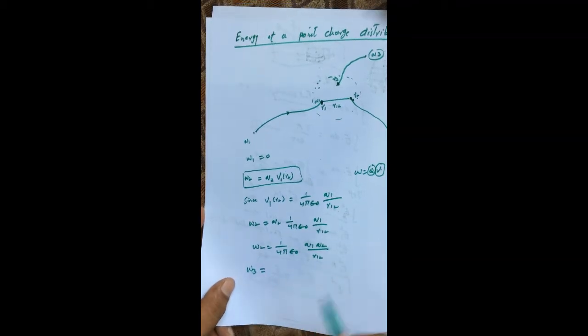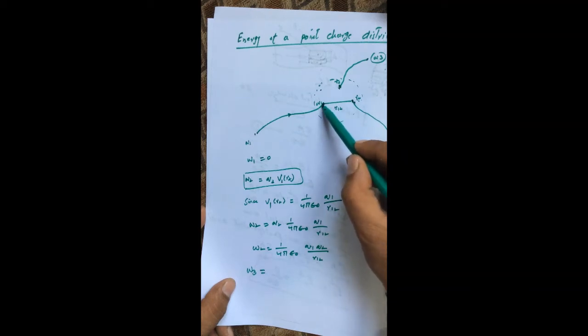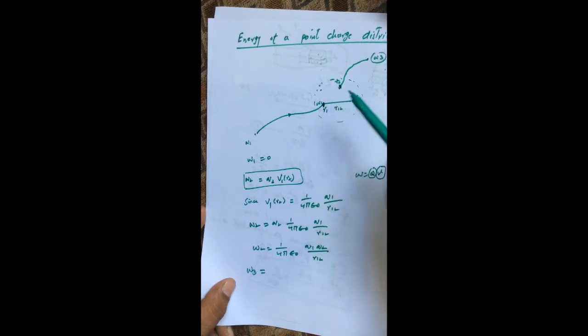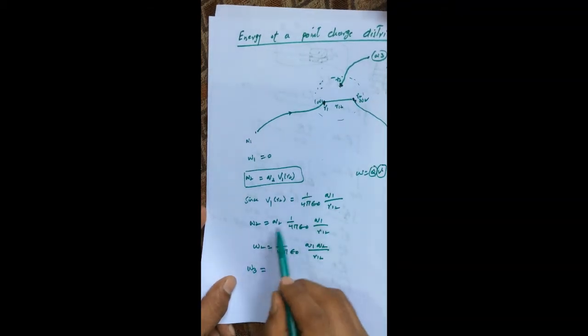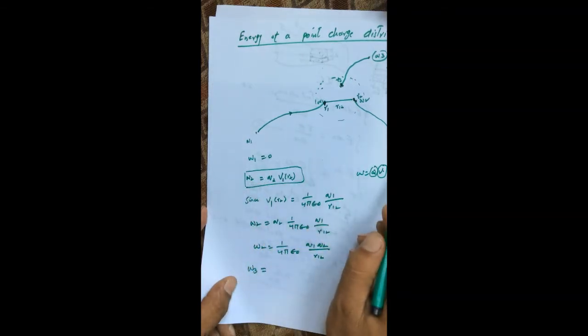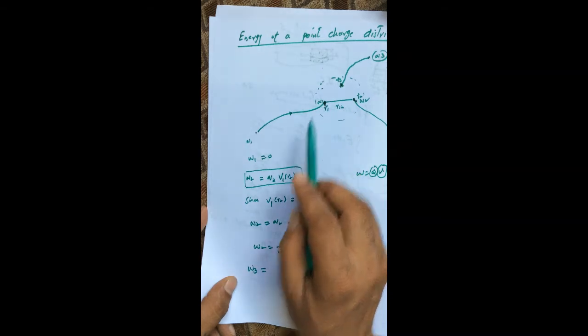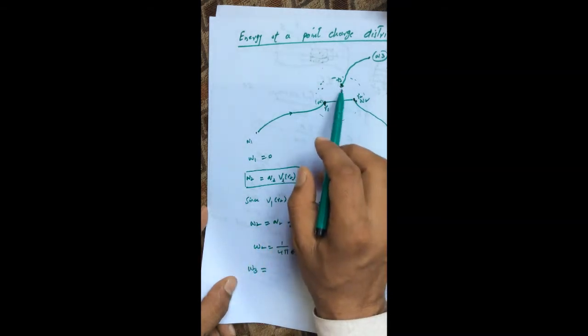Now this work done, if I bring this charge to this one, then there are two potentials now. One potential is due to charge Q1 at this point, and the other potential is due to charge Q2 at this point. So we have again the same expression like what we did for this one, because once we bring charge Q2, there is one charge. So we have Q2 times potential of charge Q1 at point R2.